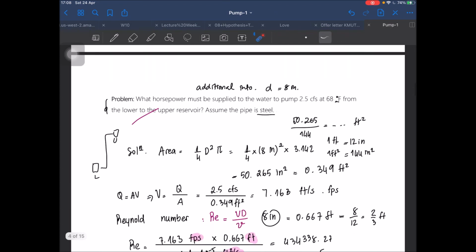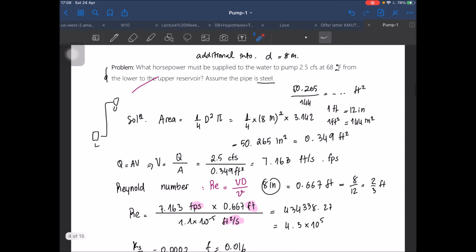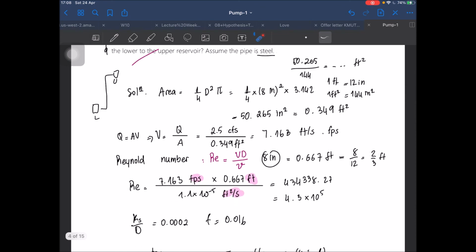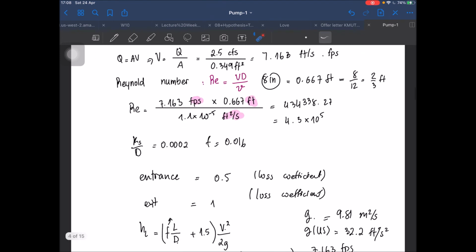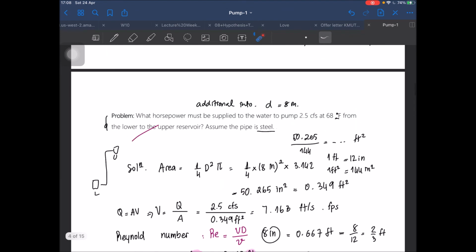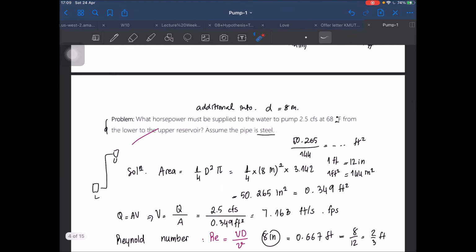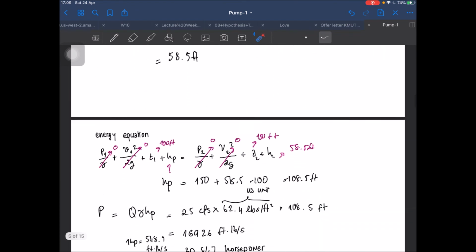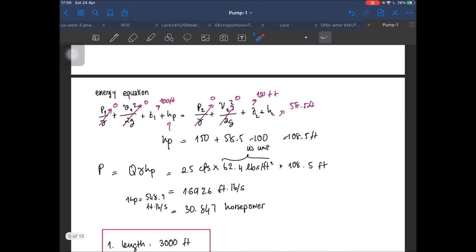And then we have the other small equations like area, Q equals AV, Reynolds number, and such. Is this called head loss? They were finding the horsepower. So this is how we get this one.